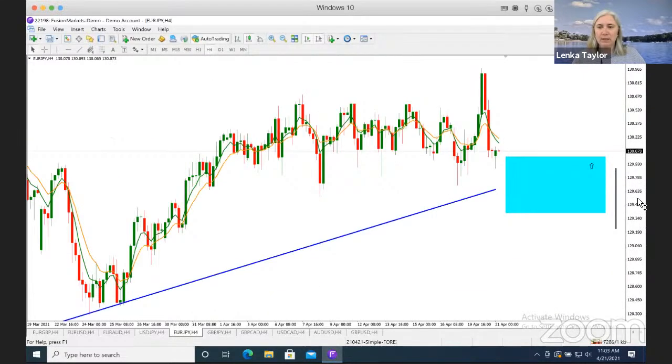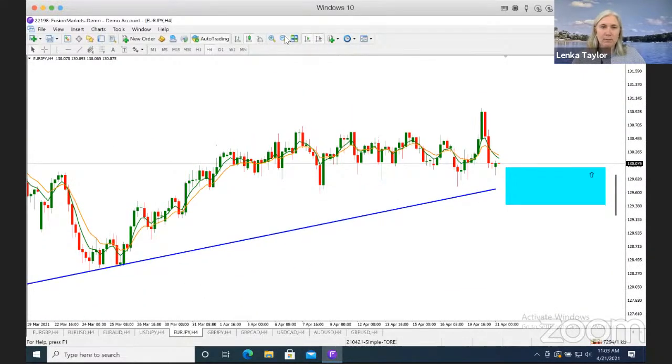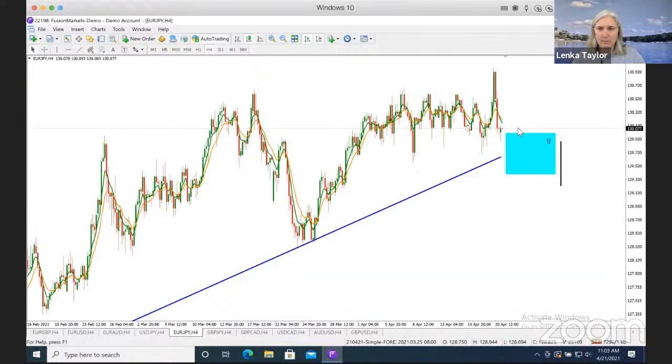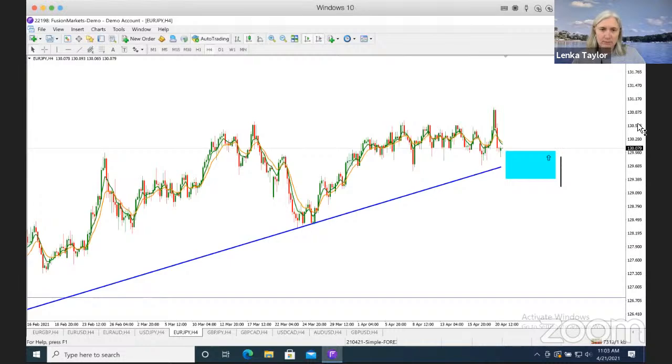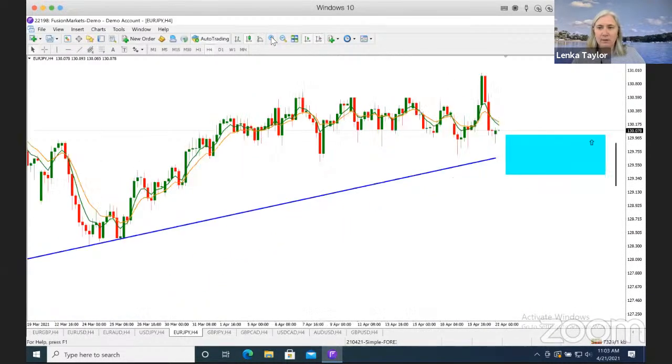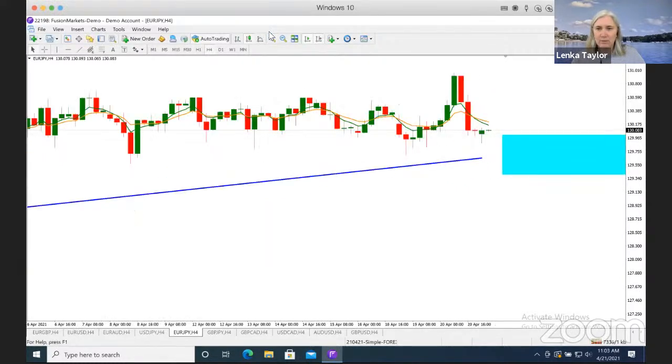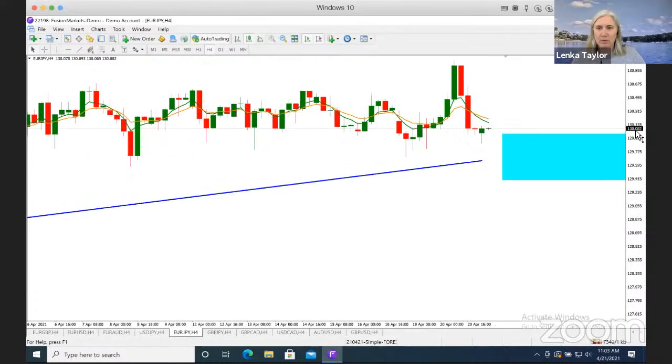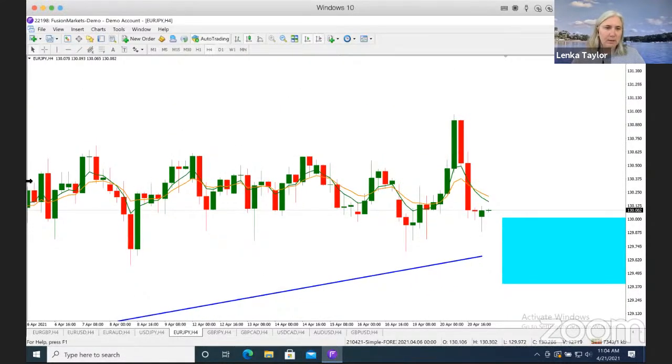So possibly, yeah, looking just to go up there until the retest. So I could look at taking that trade. In fact, we could take that trade right now. Okay, let's have a look.